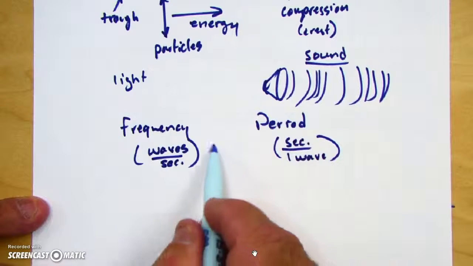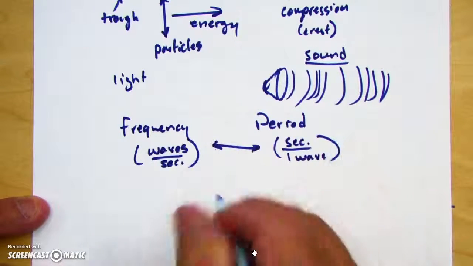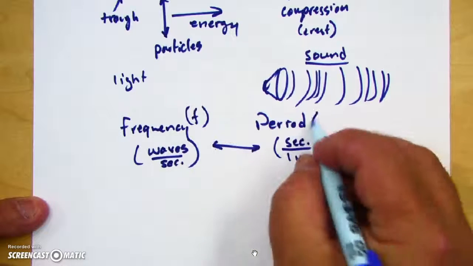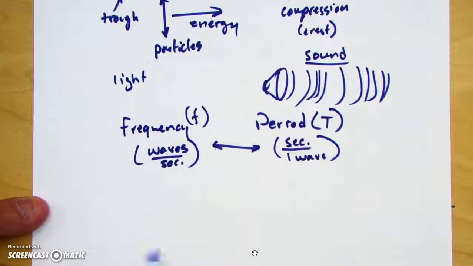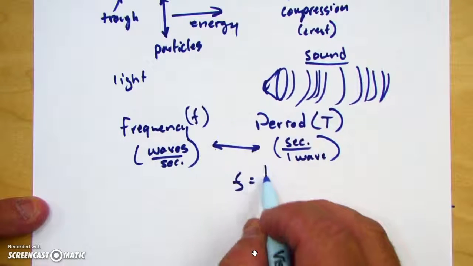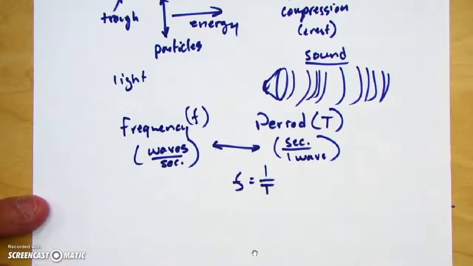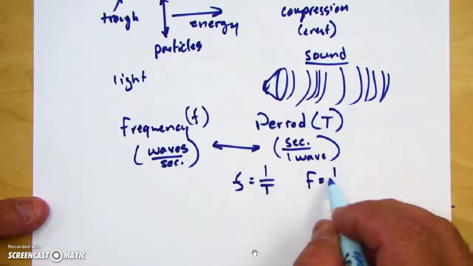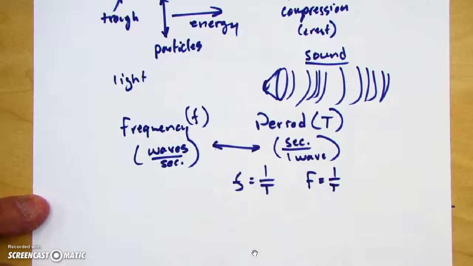It's pretty easy to see that those are reciprocals of each other. We use f for frequency, capital T for period. Frequency is equal to 1 over T, 1 over period. You also see it written with just a normal script f. We use capital F for force, so it won't be capital F.